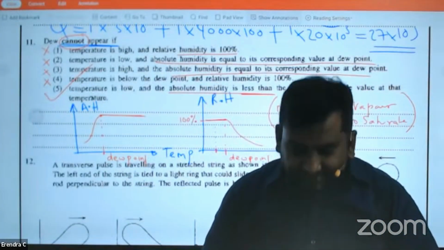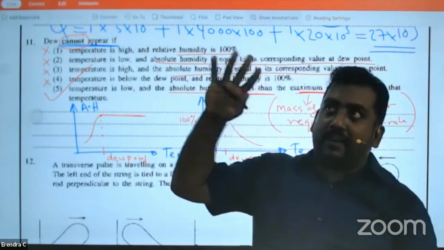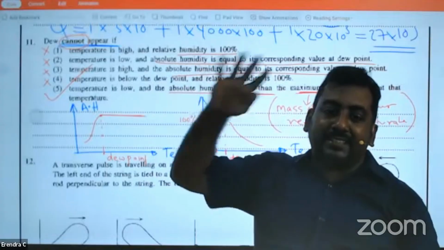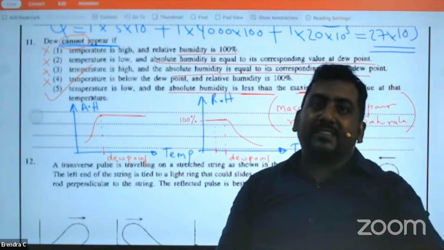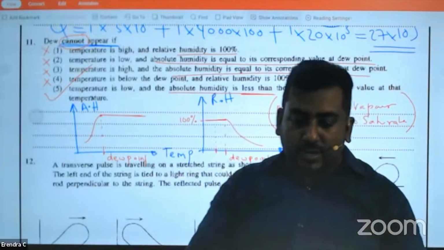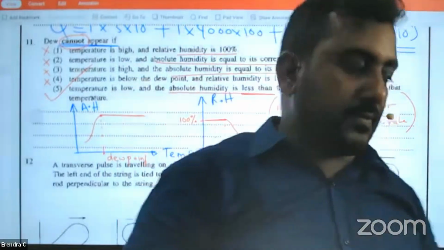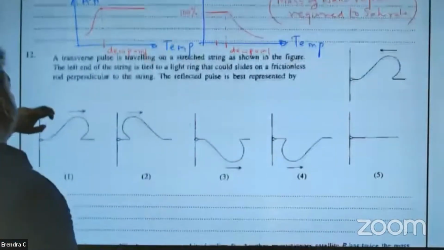Why? That means whatever water vapor is in the environment has saturated, causing the formation of dew. Some days when you go out, the grass is not wet. That means saturation has not taken place. Okay, keep moving.